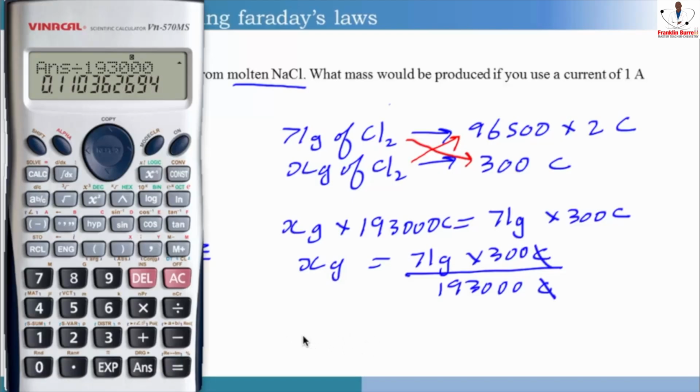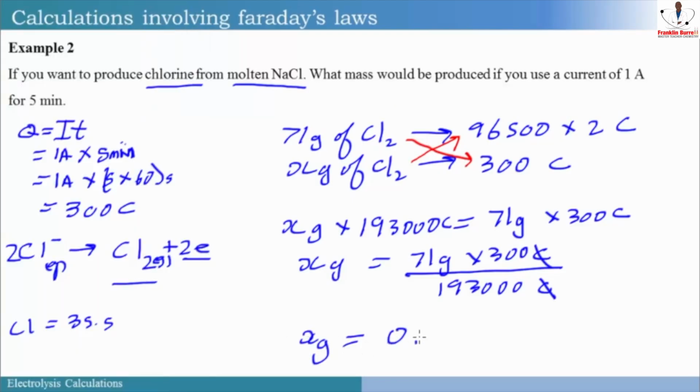And that is equal to 0.11 grams of chlorine. So in this case, we know that chlorine is a gas, but the question wants to find the mass of chlorine. So 0.11 grams of chlorine would be produced if we run a current of 1 ampere for 5 minutes.